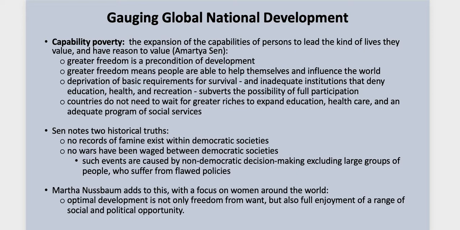That always happens in nations that are underdeveloped and run by despots generally. And there are no wars that have ever been waged between two democratic societies. The events that are caused by non-democratic decision making are the things that lead to war and famine, and these are decisions that exclude large groups of people, and those are the individuals who suffer from the flawed policies of the government. Those are pretty profound thoughts.